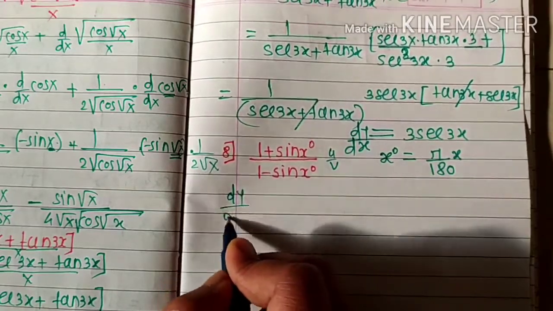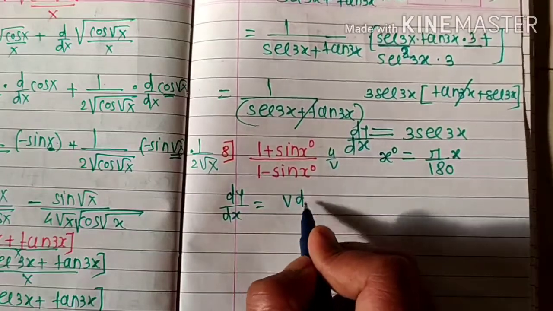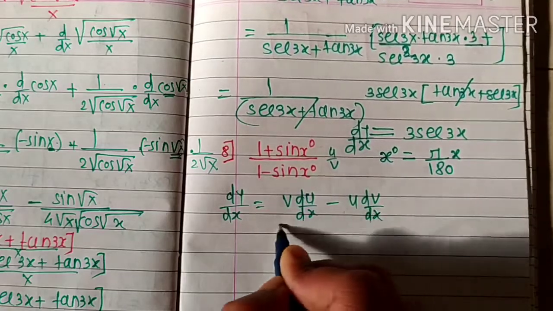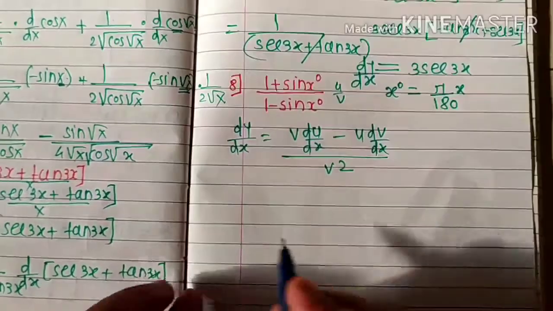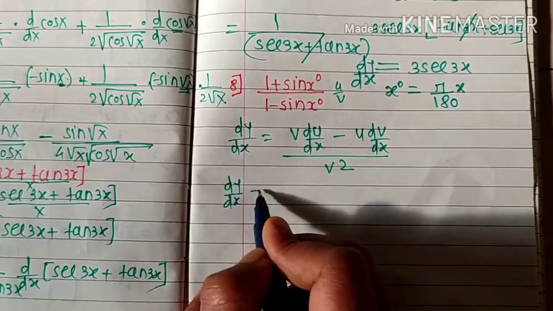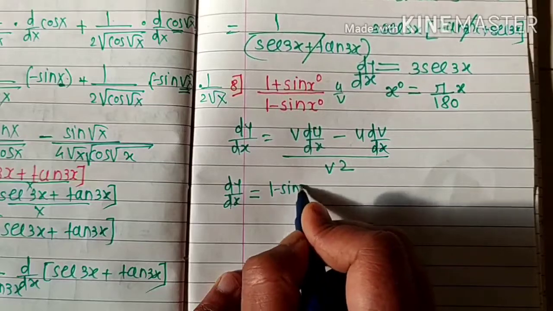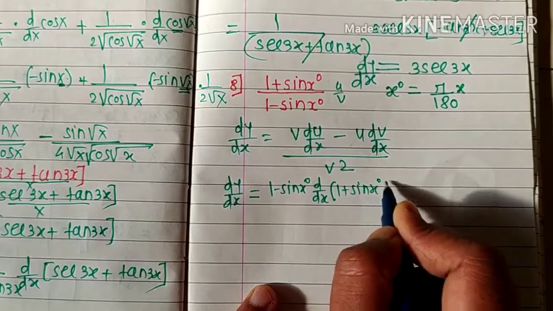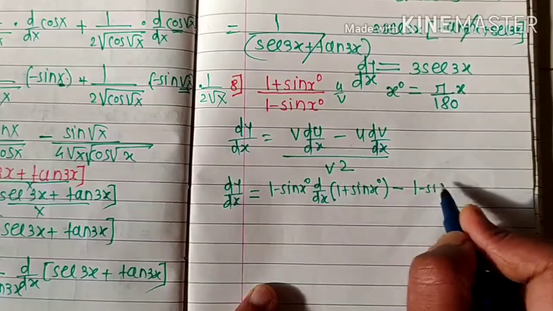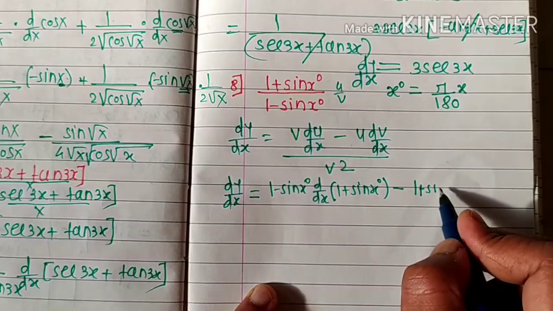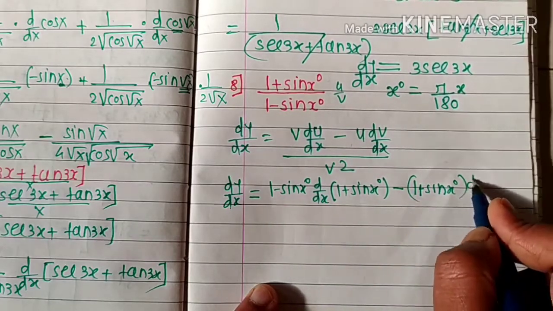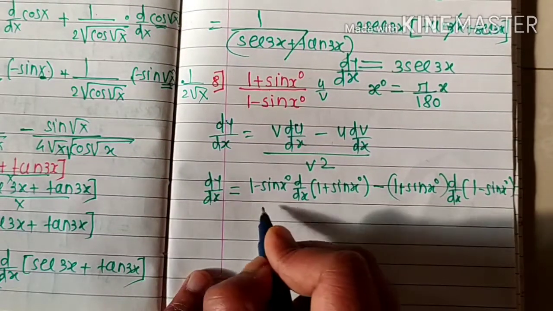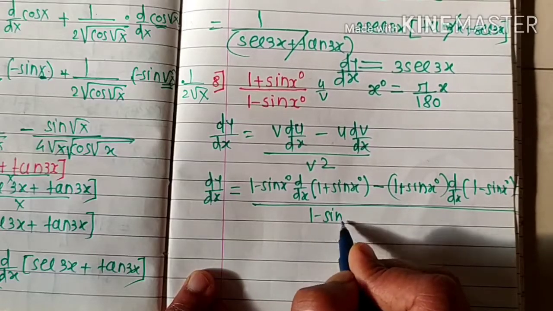Then dy by dx is equal to, if u upon v, then we know that it is v into the derivative of u minus u into the derivative of v, divided by the denominator squared. Then substitute u and v: dy by dx is equal to (1 minus sin x degree) into d by dx of (1 plus sin x degree), minus (1 plus sin x degree) into the derivative of (1 minus sin x degree), divided by the denominator squared, that is (1 minus sin x degree) squared.